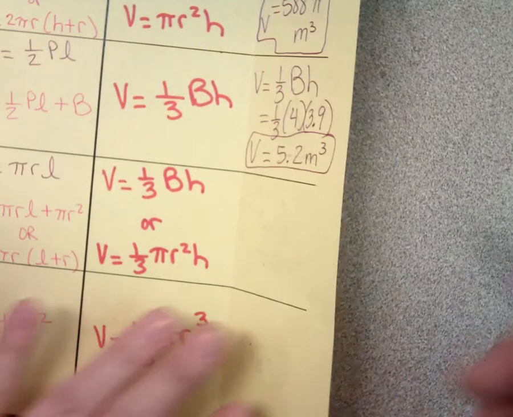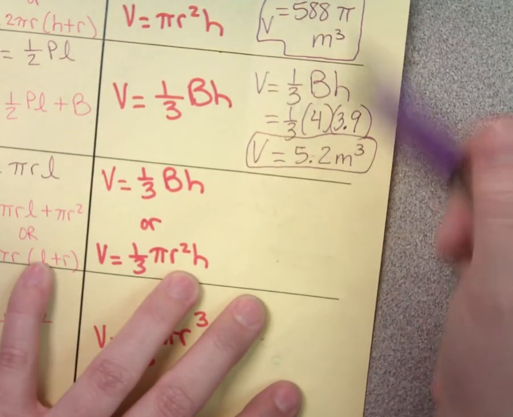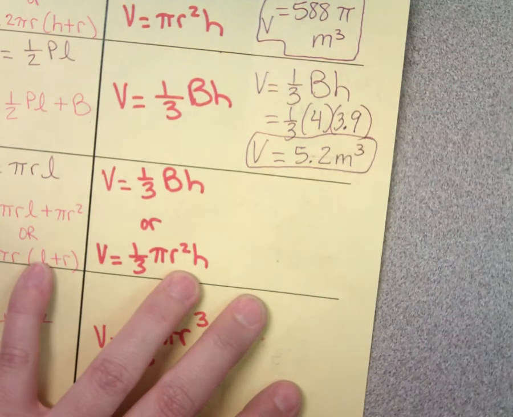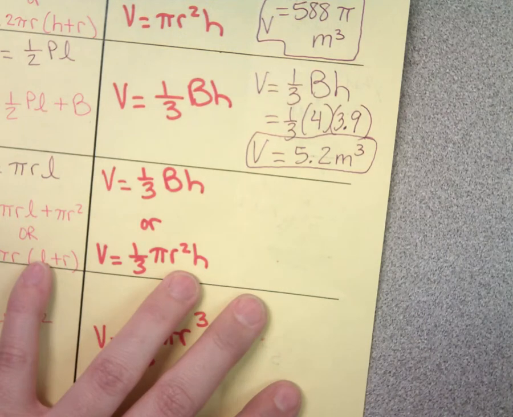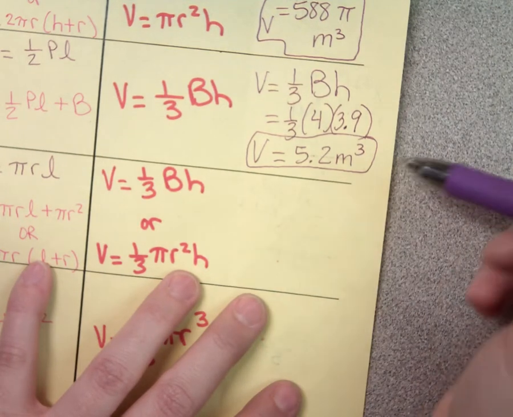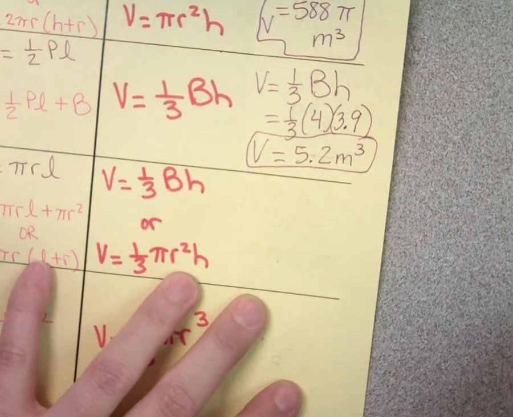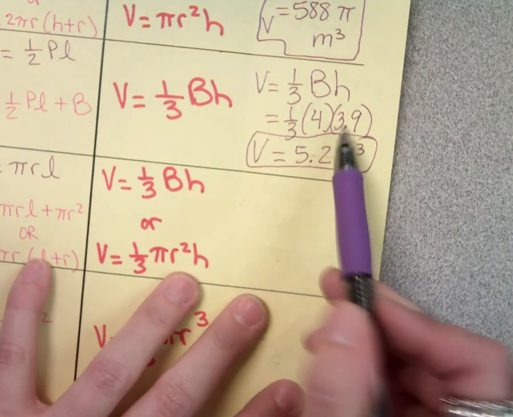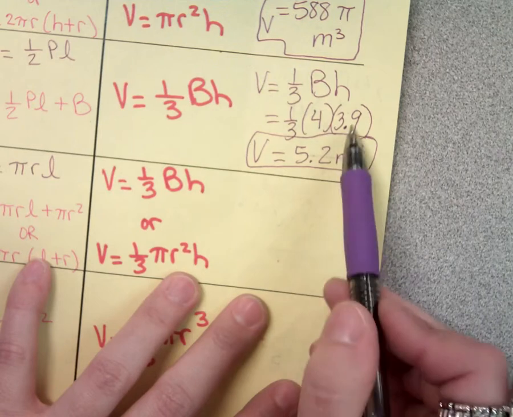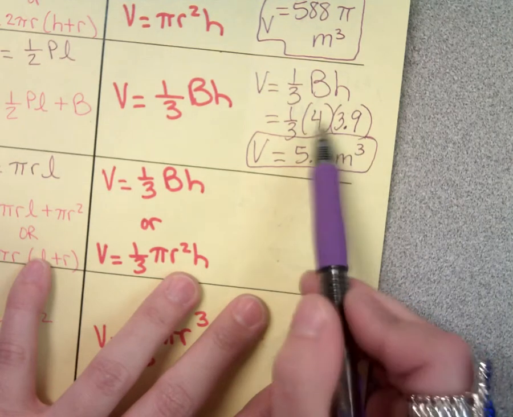Now, as far as the multiplying by a 1/3 is concerned, you either multiply by a third, or you divide by 3. Either way would give you the same answer. Like multiplying by a half is the same thing as dividing by 2. Multiplying by a third is the same thing as dividing by 3. So you can either multiply by the third, or you could multiply those and then divide by 3.